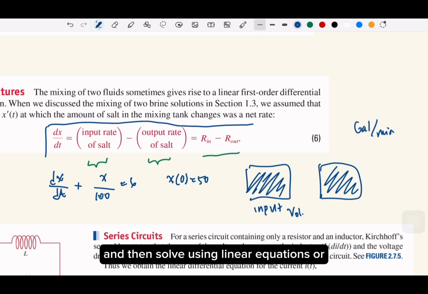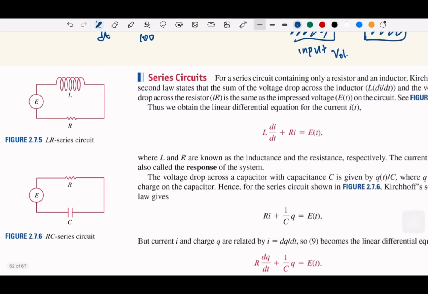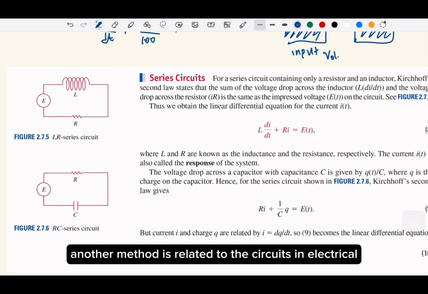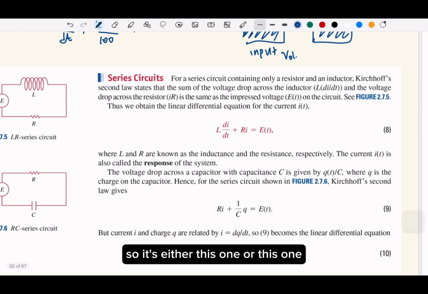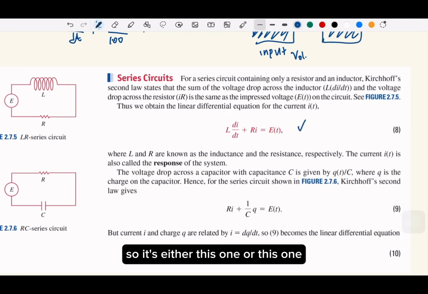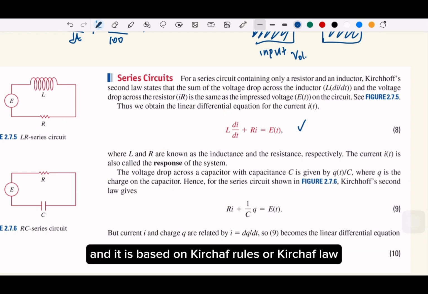Okay. Another method is related to electrical circuits. So it's either this one or this one. The first one is using the inductor, and it is based on Kirchhoff's law.